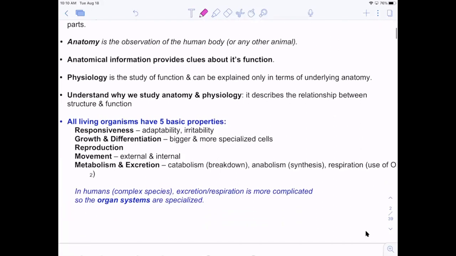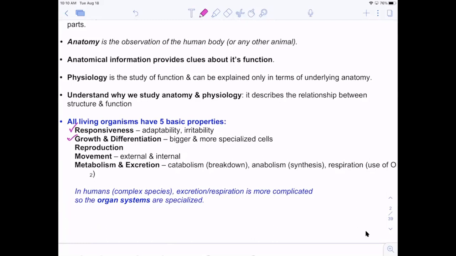All living things have these 5 basic properties. So, responsiveness: living organisms have to respond and adapt, meaning you have to eat, you have to move, you have to keep responding, or the organism will die. Growth and differentiation: in order to stay alive, you have to have cells replaced, and those cells have to do different jobs.